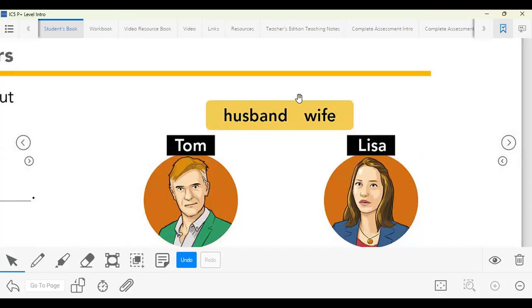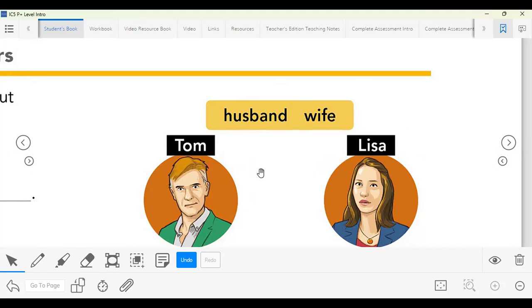So now she's a wife and he's a husband. ¿De quién? Lisa's. Tom is Lisa's husband. Ella es la dueña del esposo, right? So, primero el nombre de ella. Lisa's husband. And what happened with Lisa?